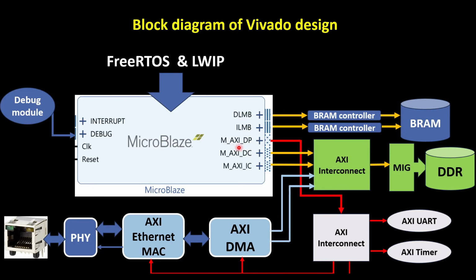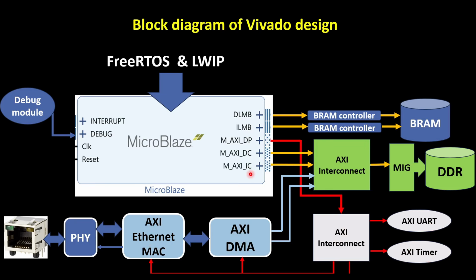The next section that we have is the master AXI, data, and the peripherals. As you can see, this bus will be used to connect the MicroBlaze to the other peripherals that we have in the design, like the AXI UART and AXI timer, and it will also be used to control the AXI DMA and AXI Ethernet.